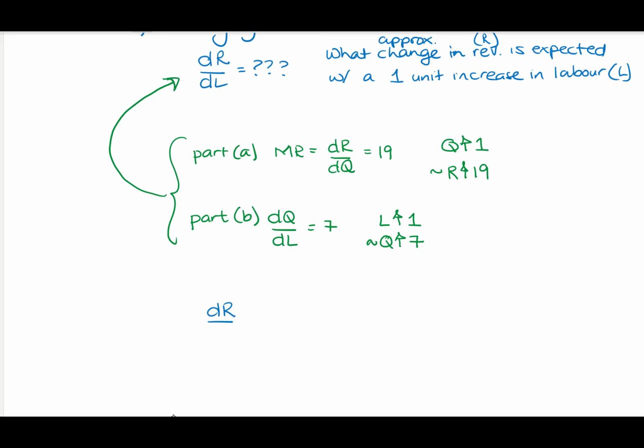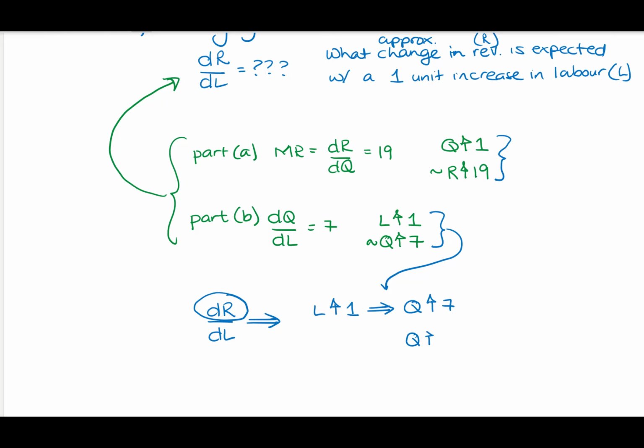So let's try to connect this information into what we're trying to get for dR/dL. L is going to increase by 1 unit, and we're trying to approximate the change in revenue. But we do know that if L increases by 1 unit, we expect Q to go up by 7 units. And we know that if Q goes up by 1 unit, we expect revenue to go up by 19 units.